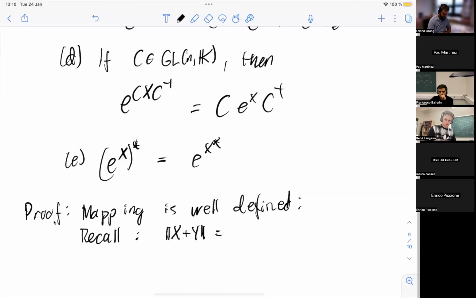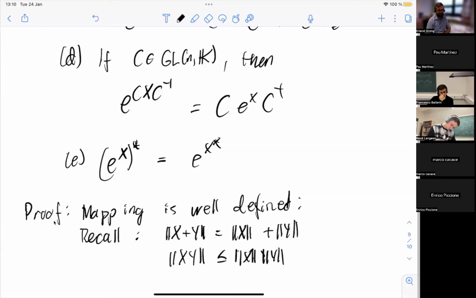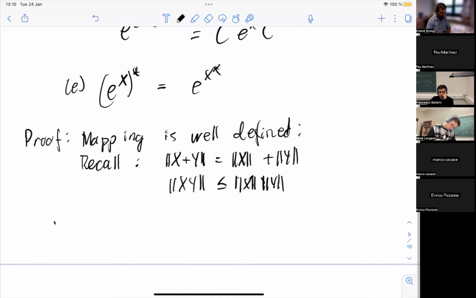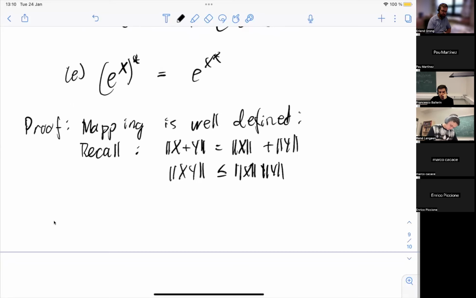At the very end of the first lecture, I mentioned that we have the following relationship for the norm, meaning that we also have the following relation.